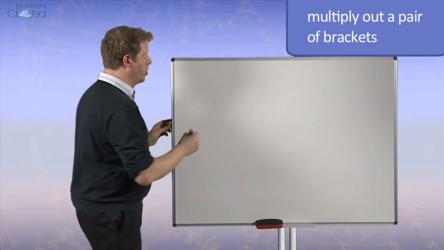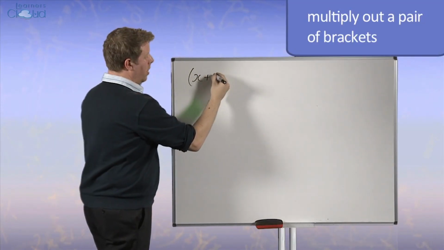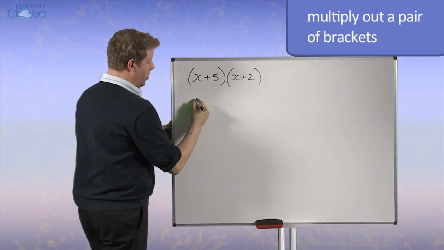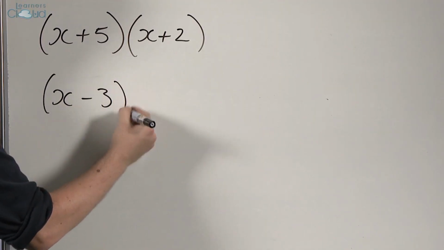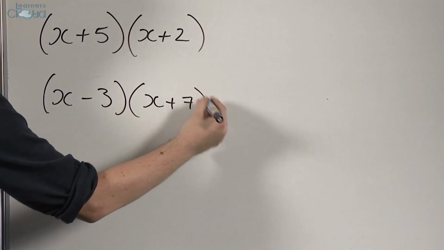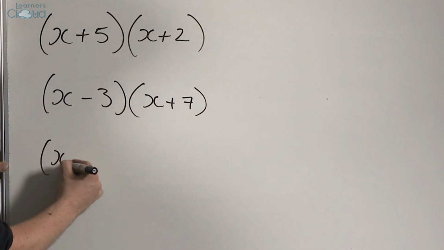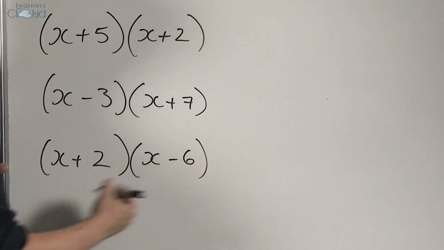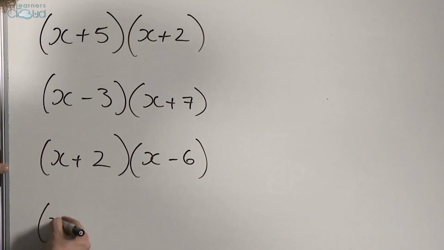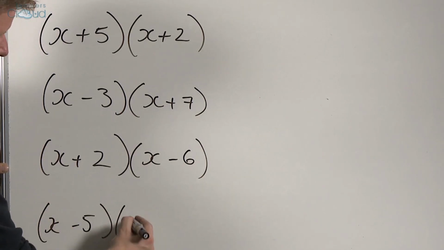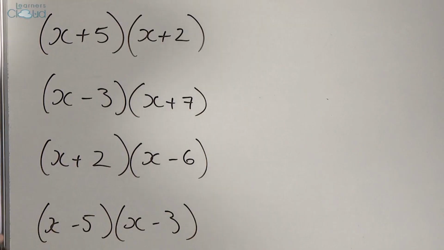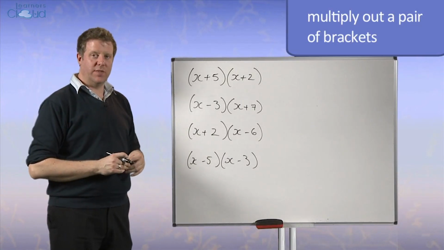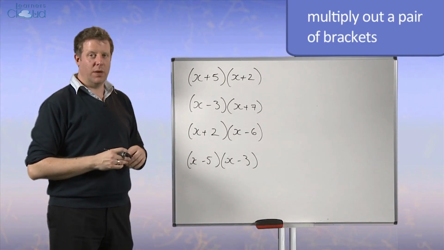So the questions I want you to do are the 4 following pairs of brackets: x plus 5 times x plus 2, x minus 3 multiplied by x plus 7, x plus 2 multiplied by x minus 6, and x minus 5 multiplied by x minus 3. So have a go at multiplying those 4 pairs of brackets out and see what answers you come up with.